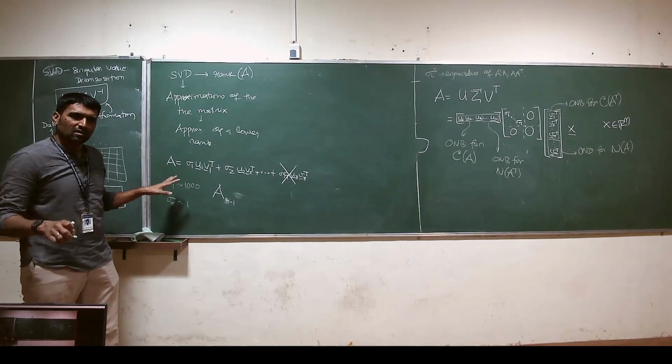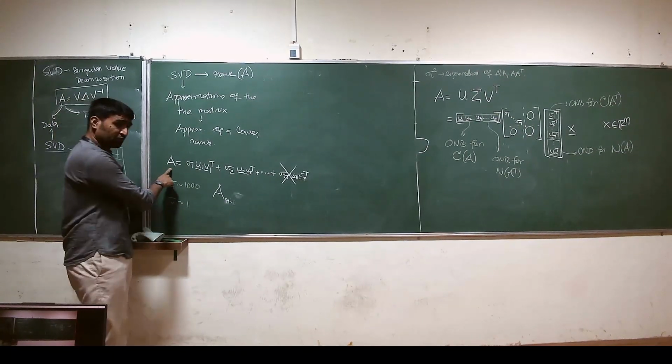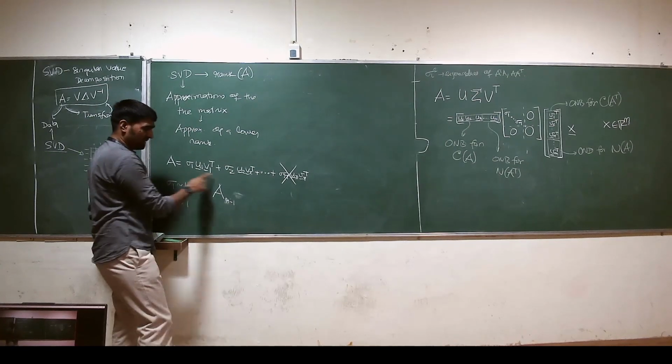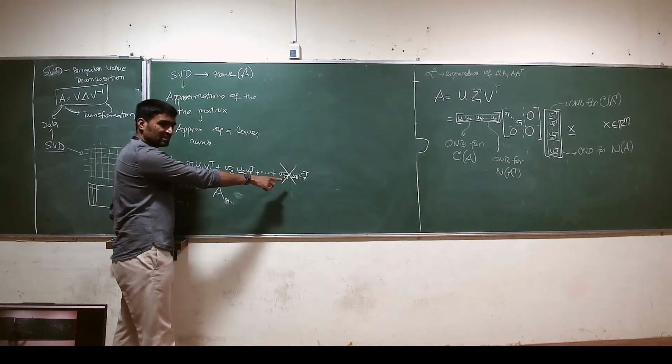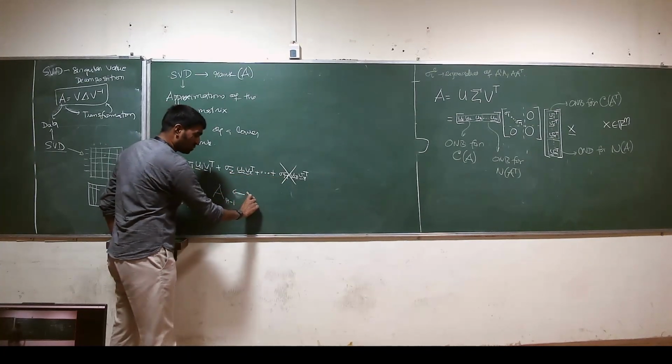What is the new matrix A R minus 1? Its rank is R minus 1. A was of rank R, you had R outer products like this. If I get rid of the last term, then I have rank R minus 1.